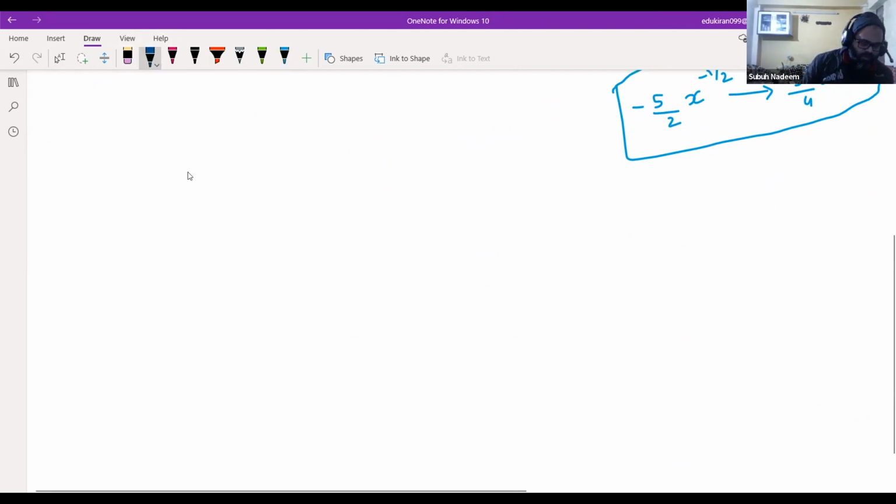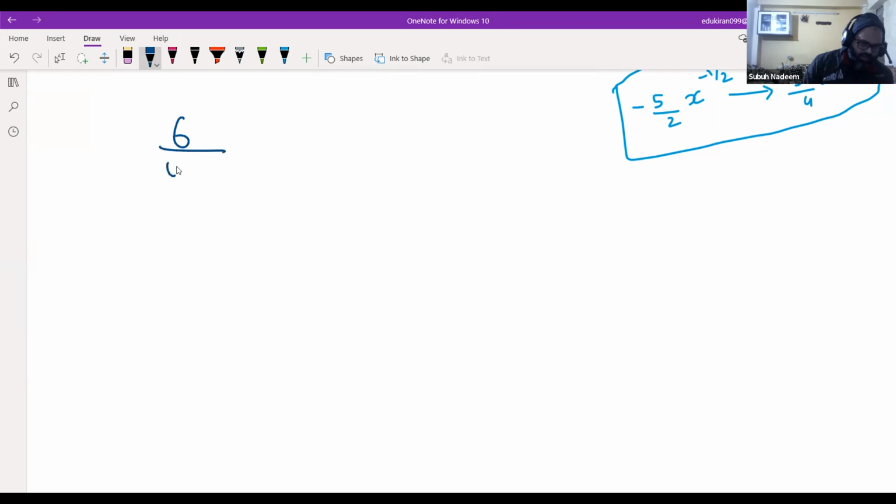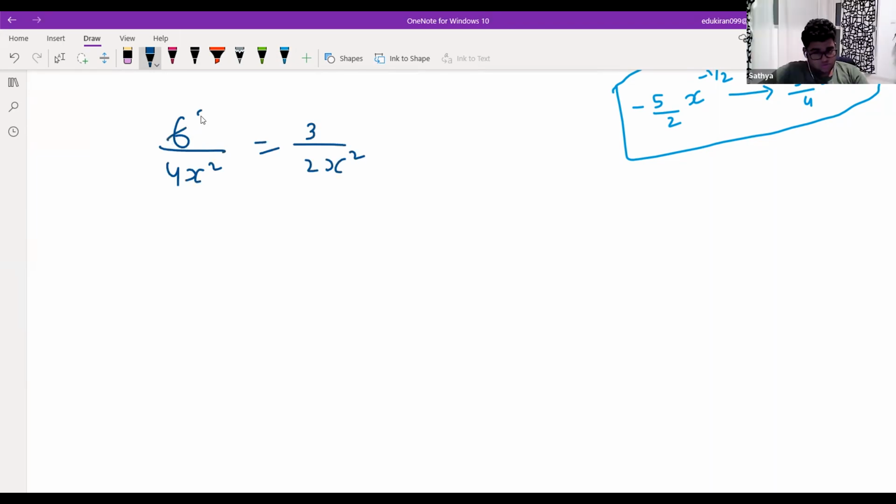You are getting 6 by 4x square. So can we say that this is 3 by 2x square? So we're not supposed to use quotient rule again?